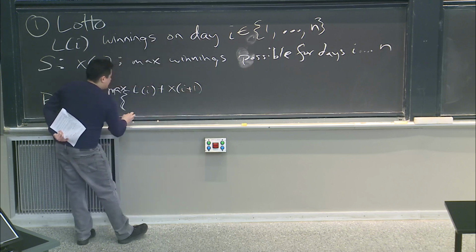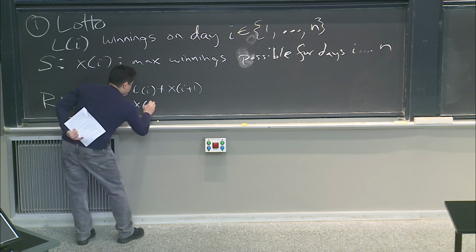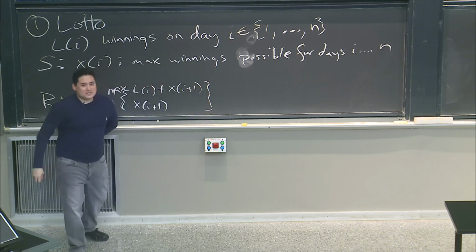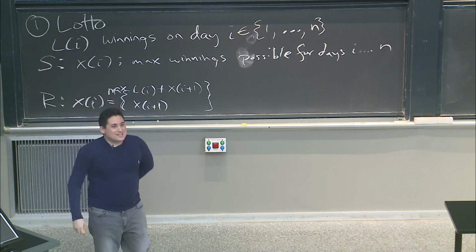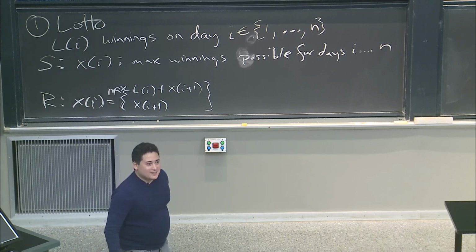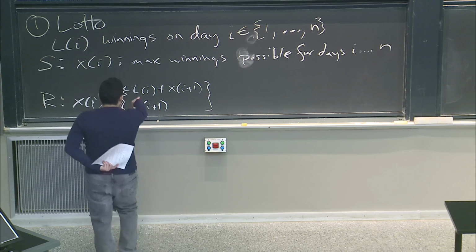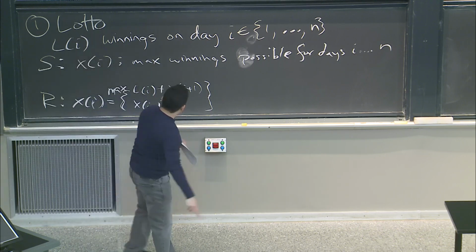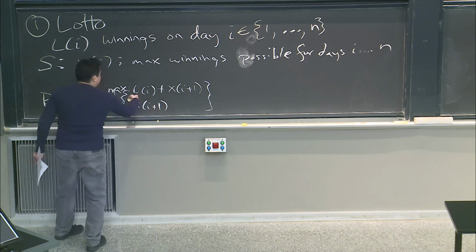Or I don't play on day I, and I recurse on the remainder. Anyone like this recurrence? Why don't we like this recurrence? I'm just always going to pick this thing. These things are always positive. I think it's positive integer payouts, yeah? And so I'm always going to pick Li.